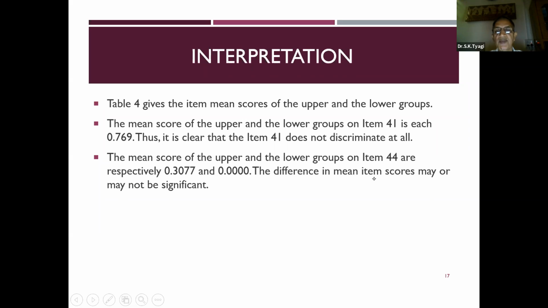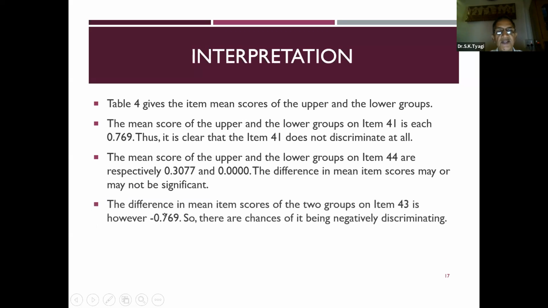The difference in mean item score may or may not be significant. We are not sure. We are just interpreting, making guesses from the means. The difference in the mean item score of the two groups on item 43 is, however, minus 0.769. So there are chances of it being negatively discriminating.